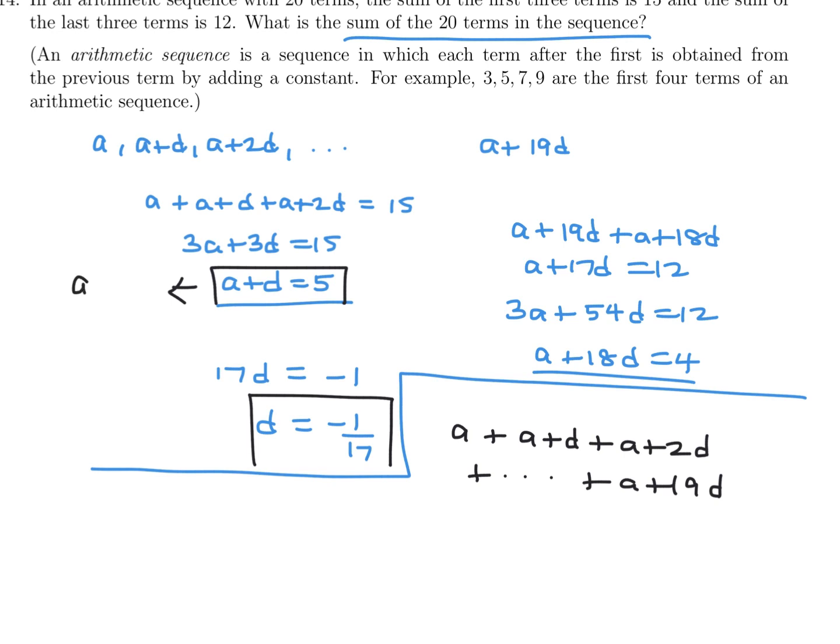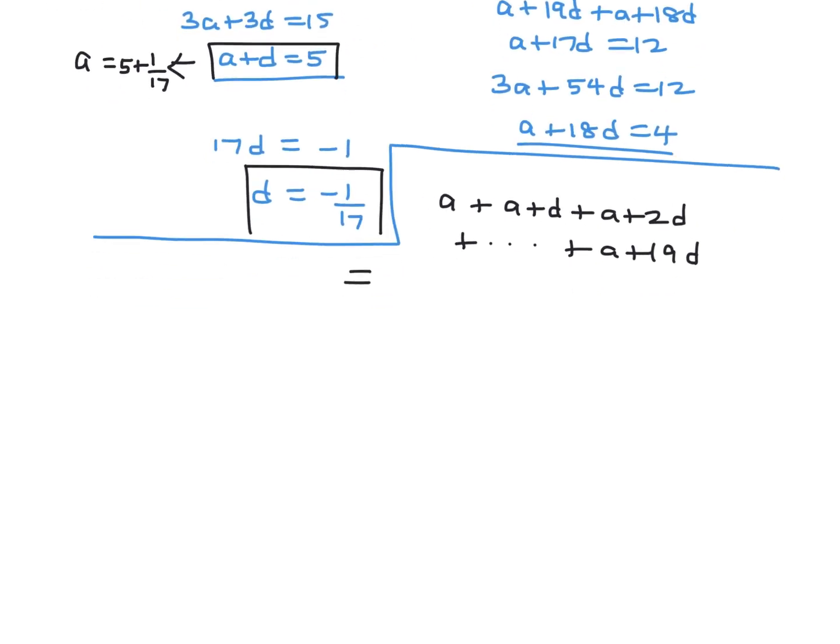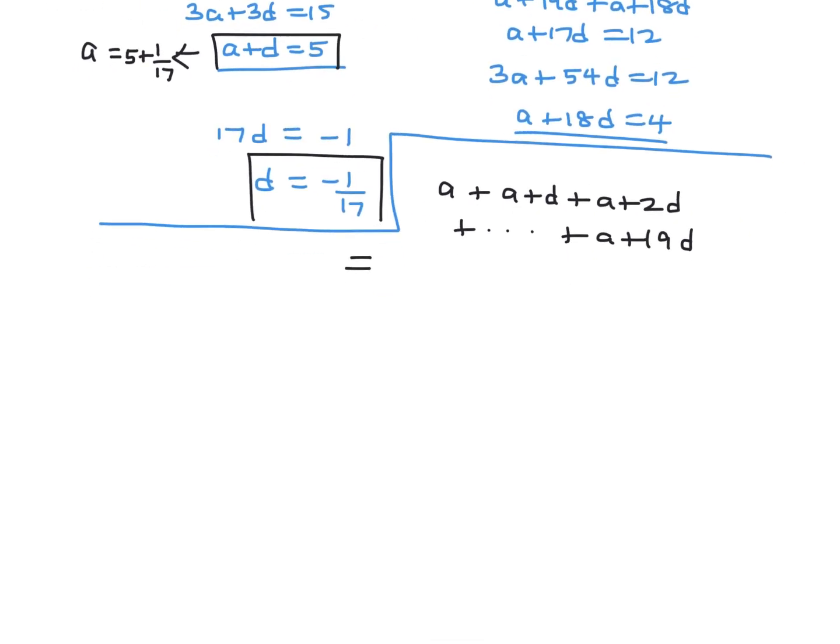And when I do, I get a is equal to 5 plus 1 over 17. I'll just leave it at that for now. Okay, so this guy, that's going to be 20a. And then I'm going to be adding 1 plus 2 all the way till 19. Using that formula, that's 19 times 20 over 2 times d. So this is 20a plus 190d.